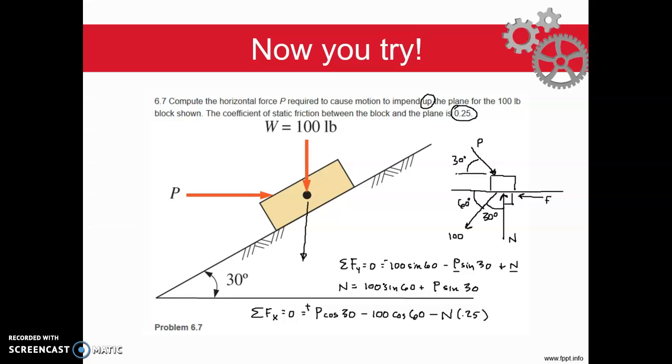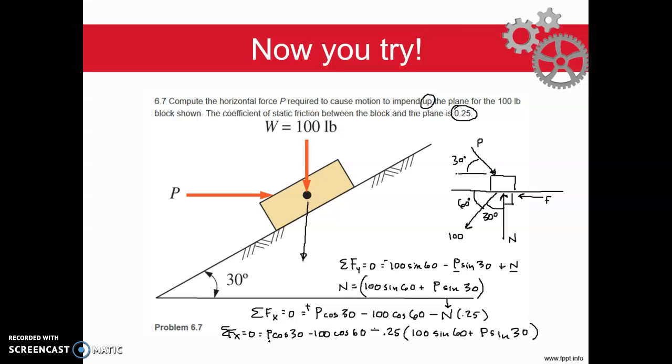We can take this expression that N is equal to, and we can plug it in right here for N. So the sum of forces in the x direction equals 0, and so that equals P cosine of 30 minus 100 cosine of 60 minus 0.25 times the quantity 100 sine of 60 plus P sine of 30.